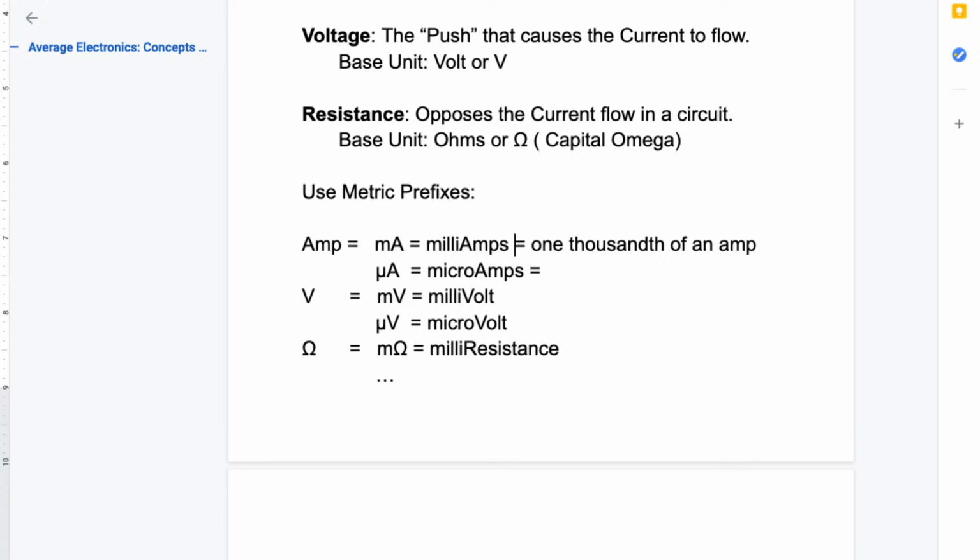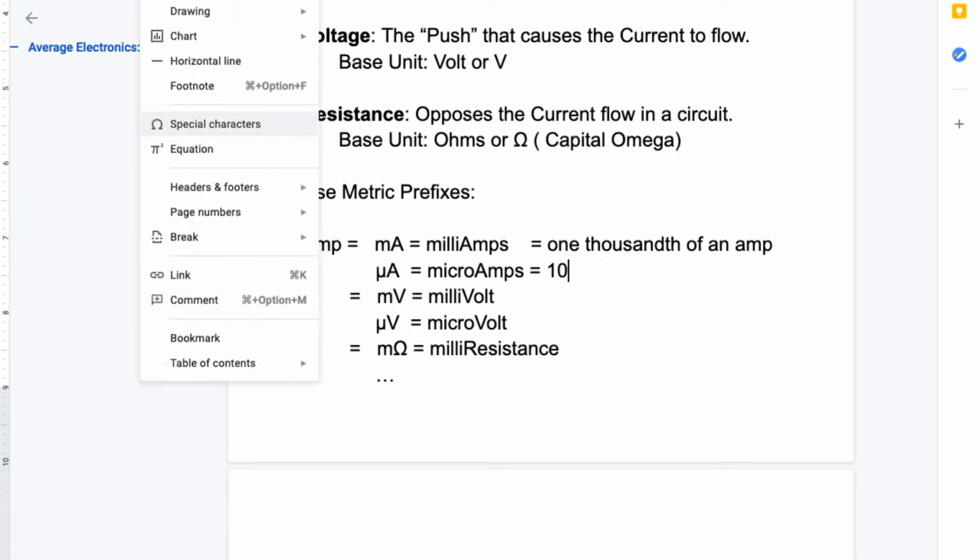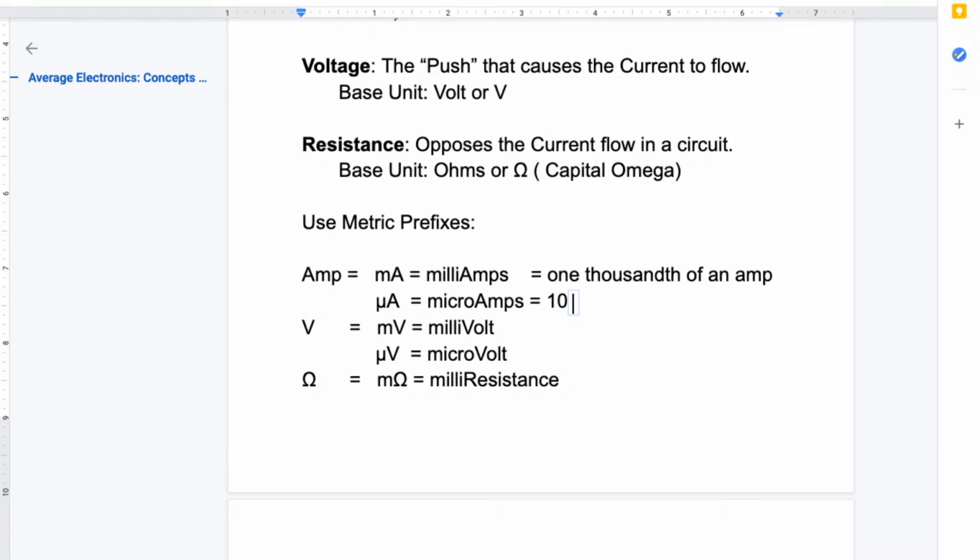While this is equal to 10 to the minus 6, a millionth.